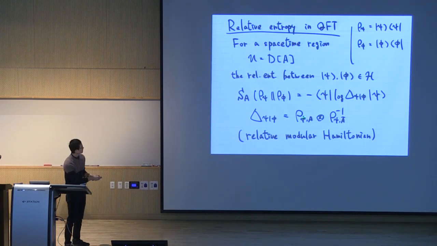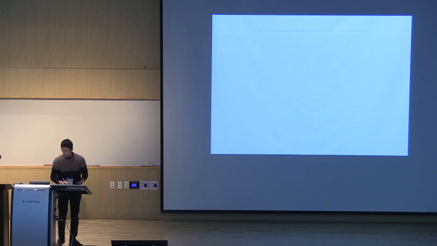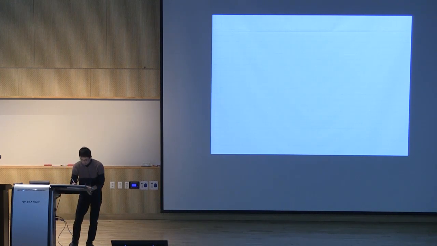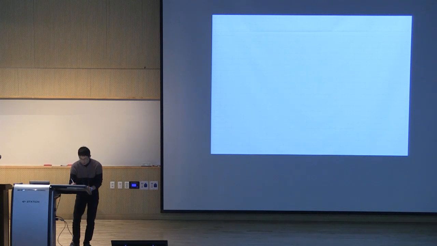Of course, this is the story in the type 1 case. But the reason why I introduced such an operator is that you can generalize this construction to the type 3 case. I will comment on it later. First, I'm going to show you the following fact.